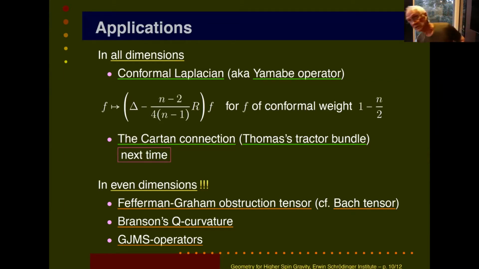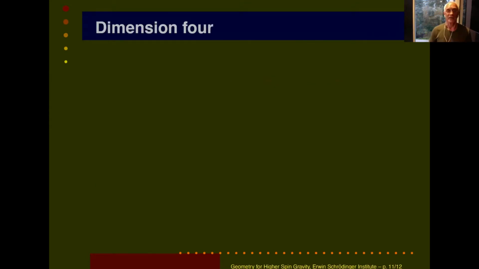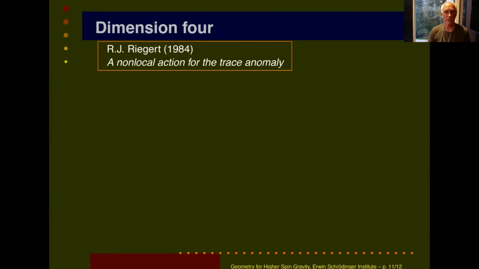Now let me mention these last two points, and I'll just do it in dimension 4. In dimension 4, we've already looked at the Fefferman-Graham obstruction tensor, the Bach tensor. However, in dimension 4, some other very peculiar things happen in conformal geometry, first noticed by Riegert in 1984.